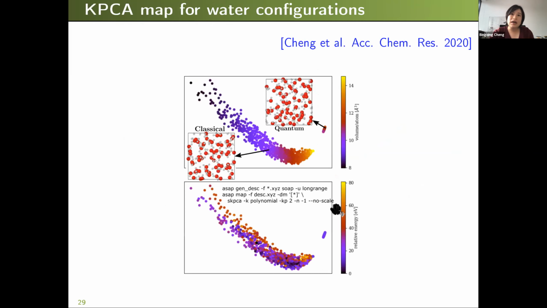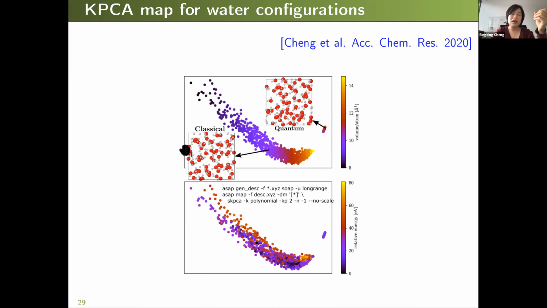And now, again, to visualize the training set using ASAP, we have a liquid water configuration, and 1,000 is from the classical MD simulations, and then the 500 is from the path integral molecular dynamics simulations, which basically contains the nuclear quantum fluctuations.